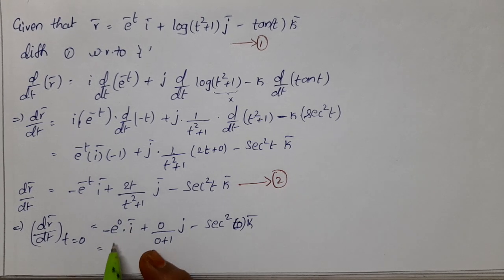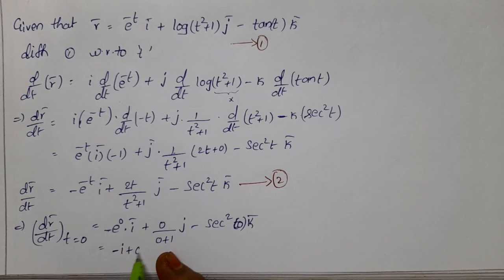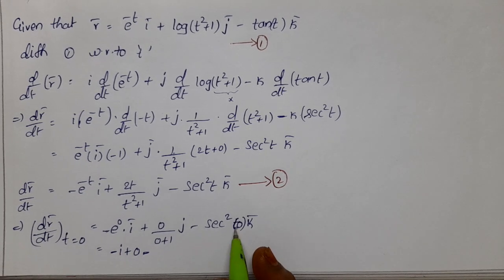Something power 0 is 1. So minus i, this is 0, minus secant 0 is 1.